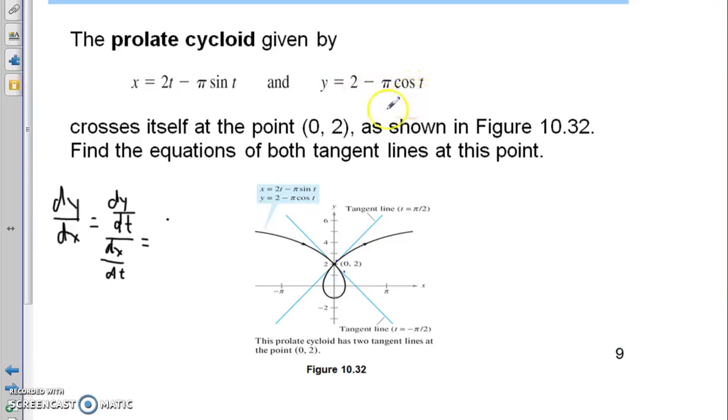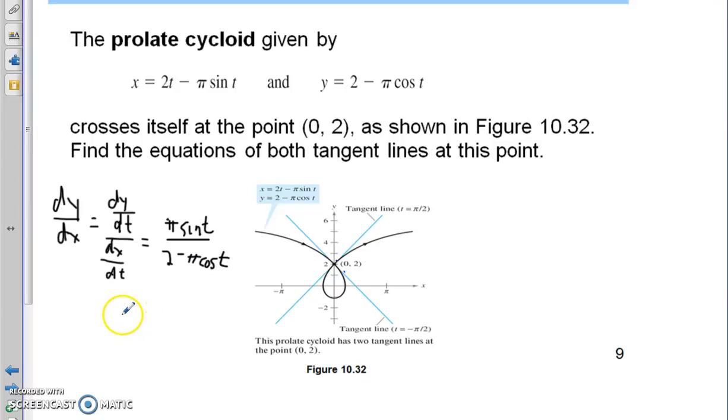This is simply pi sine t over dx dt, which is a little more complicated but not much. The derivative here is 2, and then minus pi cosine t. So that's its derivative.